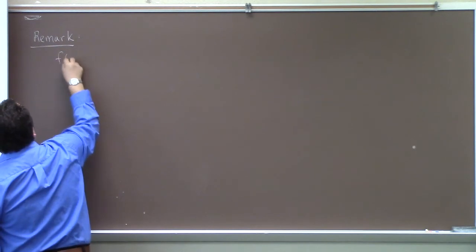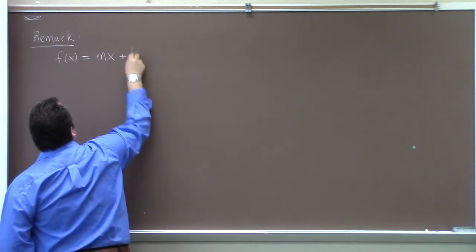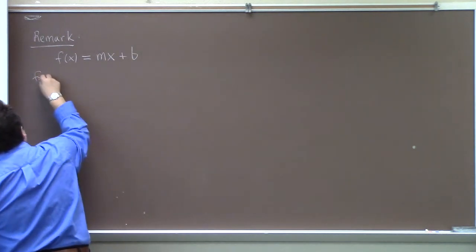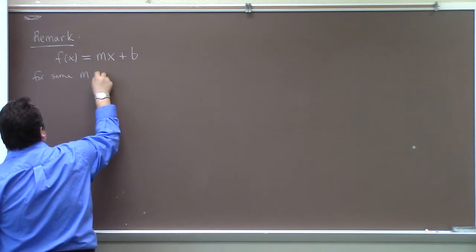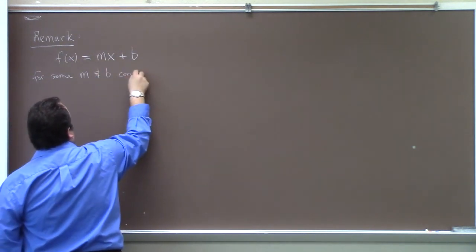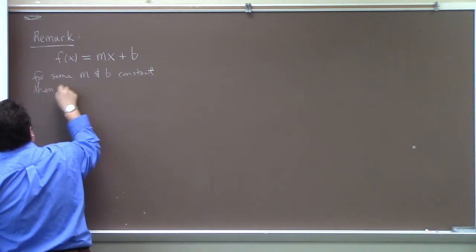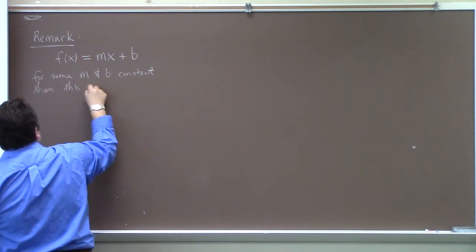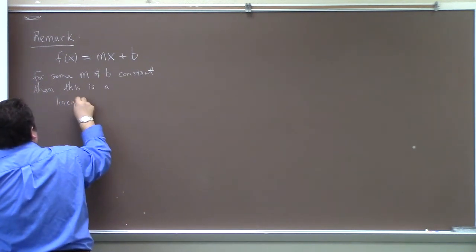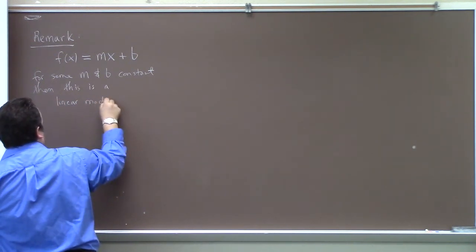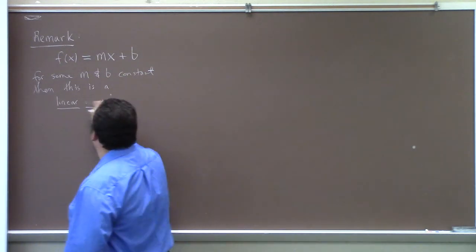If you have f of x equals mx plus b for some constants m and b, then this is a so-called linear model. Well, linear function, I suppose.